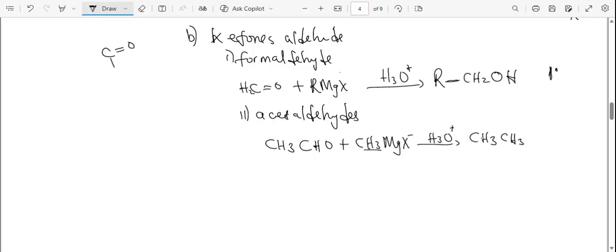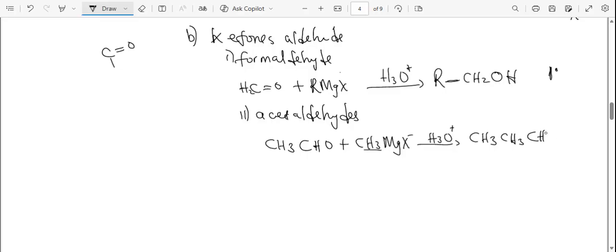So we had this one and this one, and now we bring the third carbon, which is from this reagent, and that will give us CH.